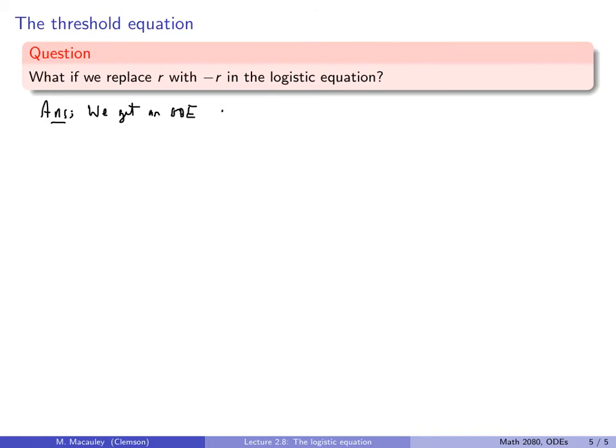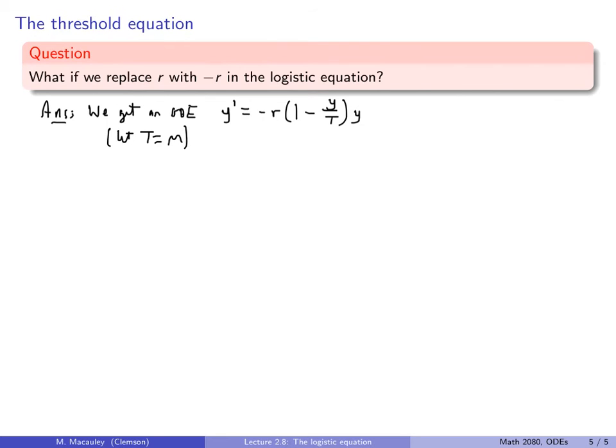So now you would get y prime equals negative r times, it's the same thing, 1 minus y over m, which I'm going to call t now, times y. I guess before I put the y up in front, but it really doesn't matter. And so here I'm saying let t equal m.